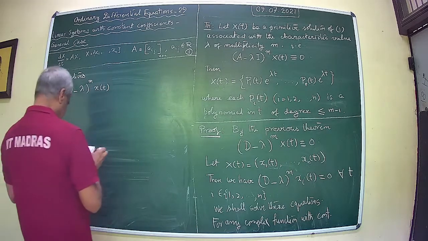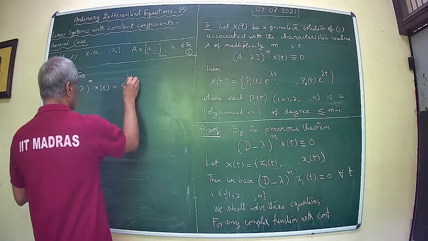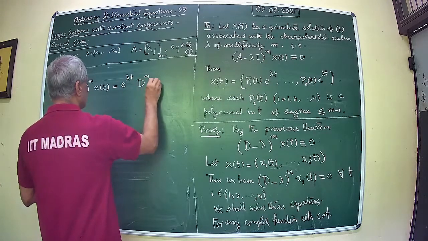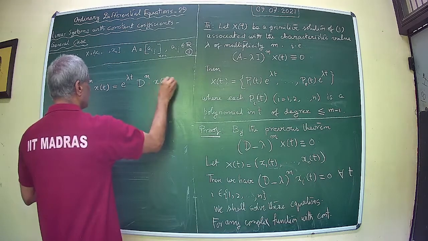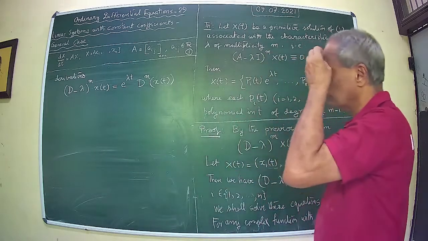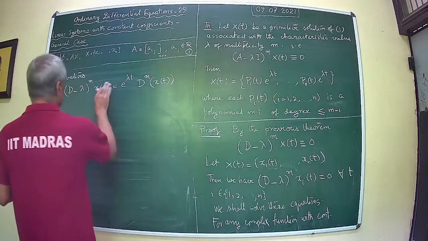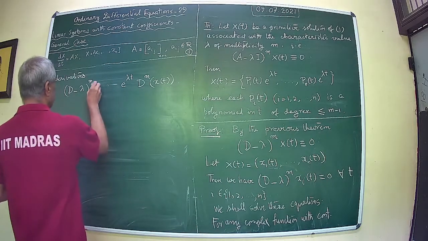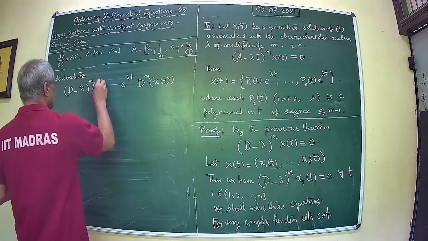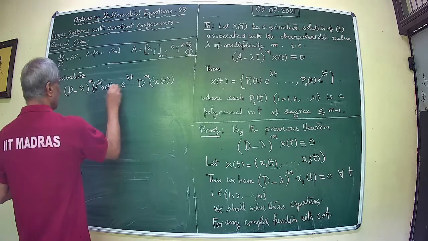D minus lambda, this is equal to, sorry, I think e to the power lambda t, equal to this.